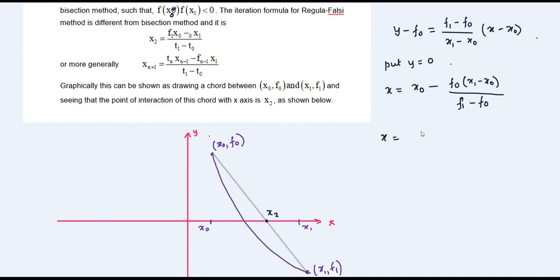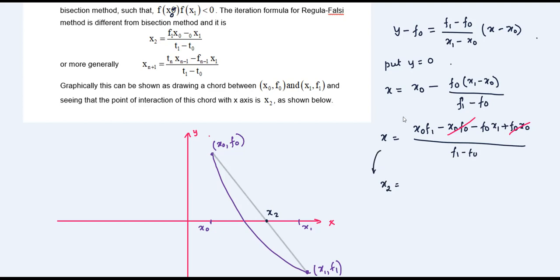So this we will simplify. x naught f1 minus x naught f naught minus f naught x1 plus f naught x naught. So this cancels. This is our x2.